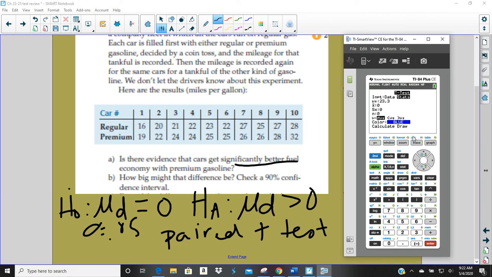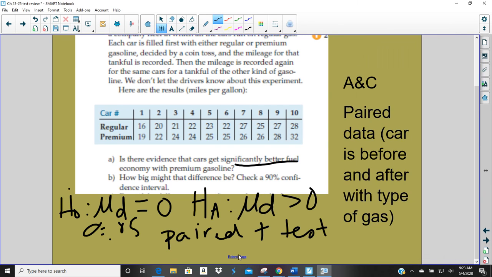Okay, so let's do this. I'm going to go to data this time, and I'm going to do mu naught equals 0, and I'm going to do L3, the third data set, and I want to know that it is greater than, and calculate. Okay, so we get a t-value of 4.5 and a p-value. So let me write this down.